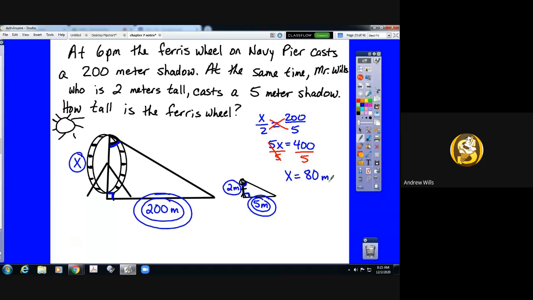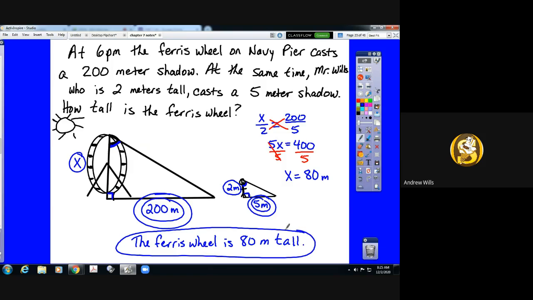So we would say the Ferris wheel is 80 meters tall. Making sure to answer the question and include units. Remember that word problems require word answers, folks. I would expect you to give me one quick statement that answers the question.